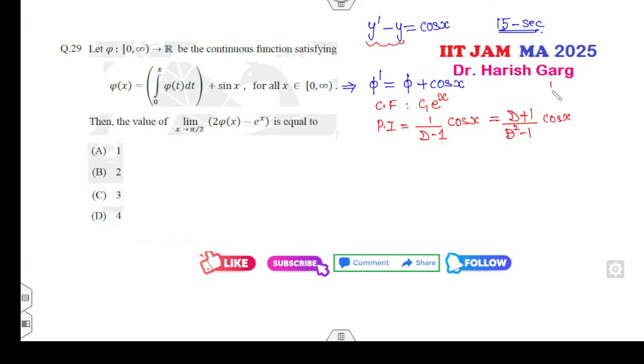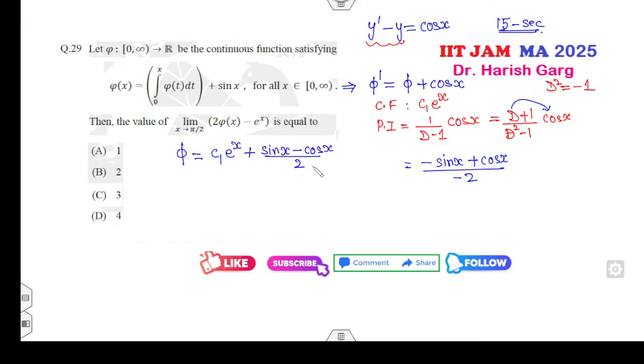Substitute D square as minus 1. The derivative of cos is minus sine, so the answer is minus sine plus cos x divided by minus 2. So your phi will be c1 e raised to power x plus sine x minus cos x divided by 2.